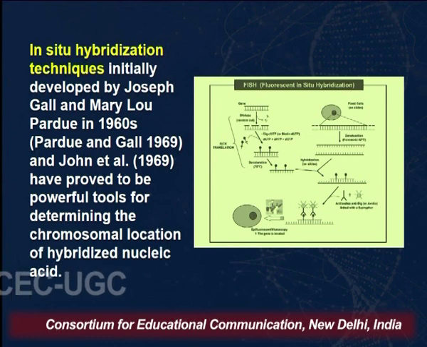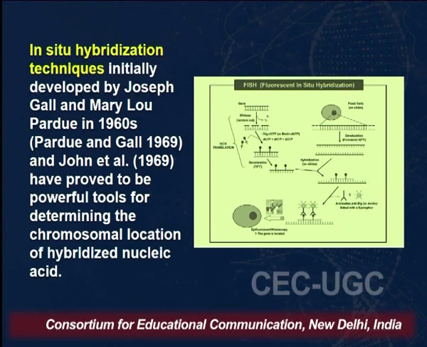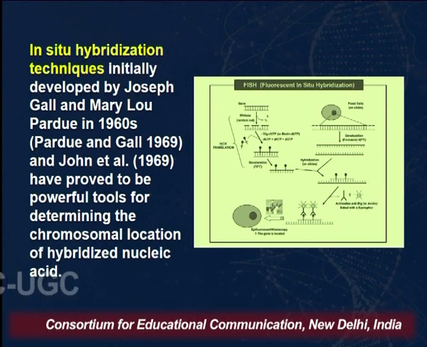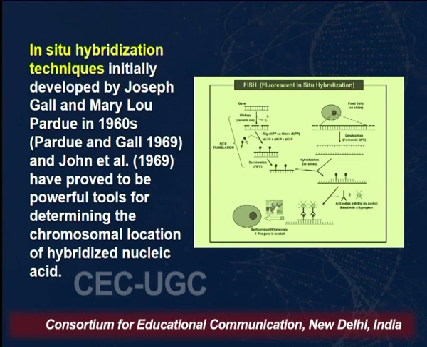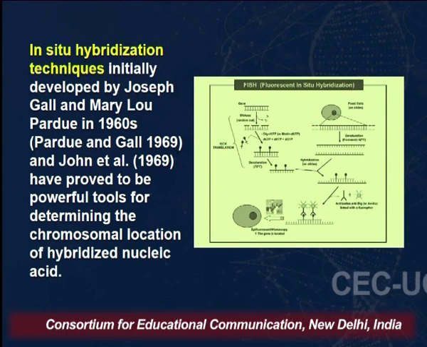Now, the in situ hybridization technique was initially developed in the 1960s through the collaboration of a number of scientists, and it has become a very powerful tool for determining the chromosomal location of the hybridized nucleic acids.